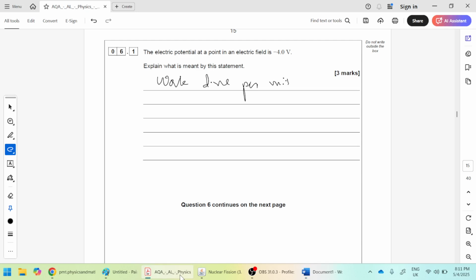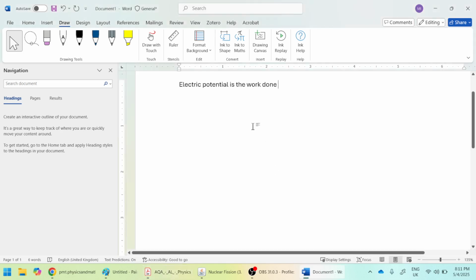Infinity to that point. Just from infinity to that point. Yeah.